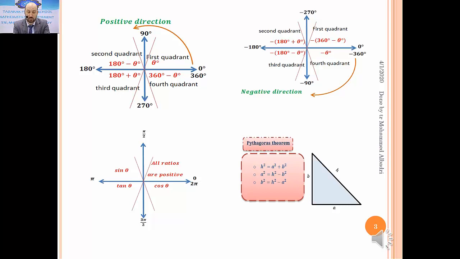Now we are going to take exercise 16C, page 276, number 4G. Find the value of theta from theta equals 0 degrees to 360 degrees inclusive, which satisfies the relation cosine of theta plus 60 equals 0.5.